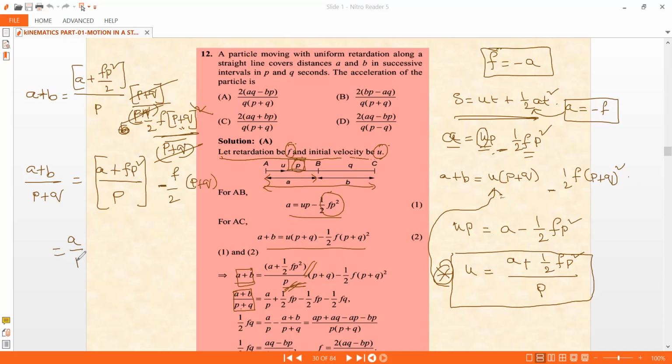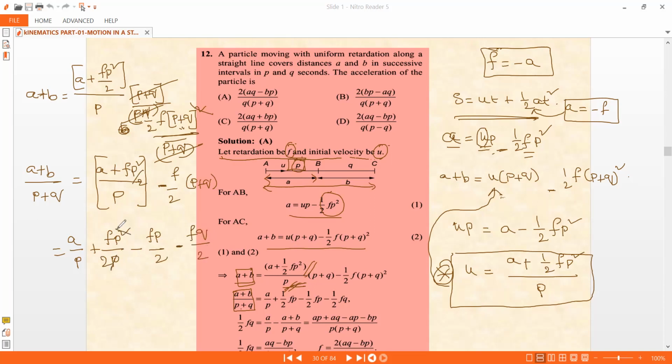So you can write this as a by p plus fp square by p. Sorry, let's multiply the things. So this becomes minus fp by 2, fp square by 2p, so fp by 2 minus fq by 2. This is how you can write it.